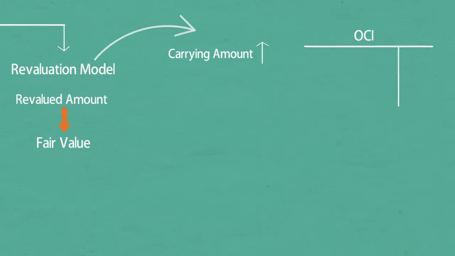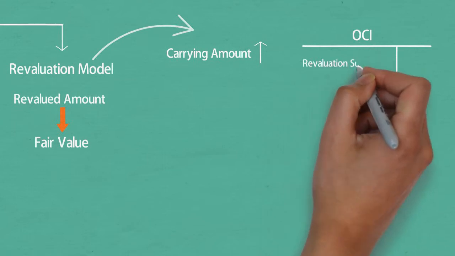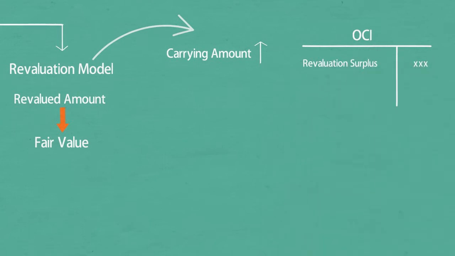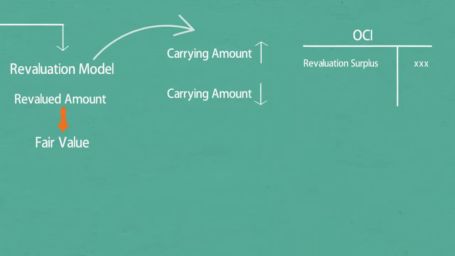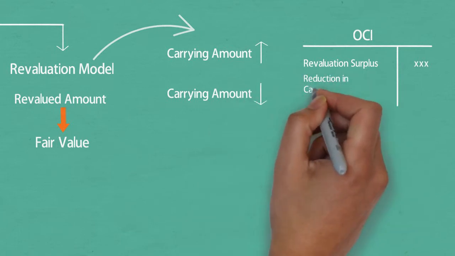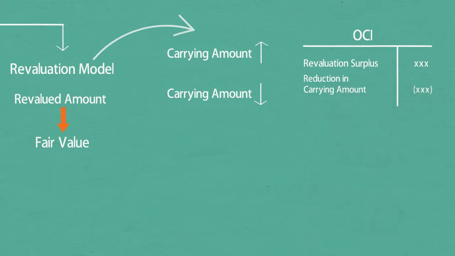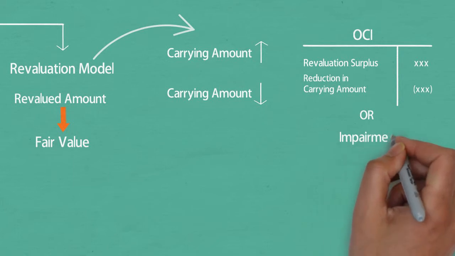If the carrying amount of an asset increases as a result of revaluation, the increase should be recognized in other comprehensive income and thereby increasing the revaluation surplus. However, if the carrying amount of the asset decreases, such decrease is also recognized in other comprehensive income, but it either would reduce the remaining revaluation surplus or would result in impairment, as the case may be.